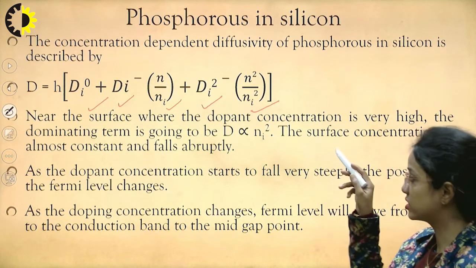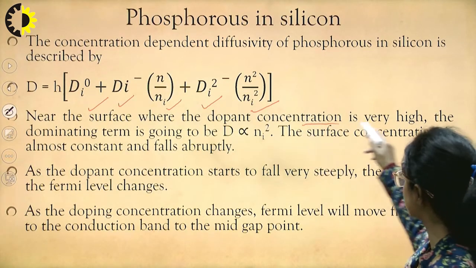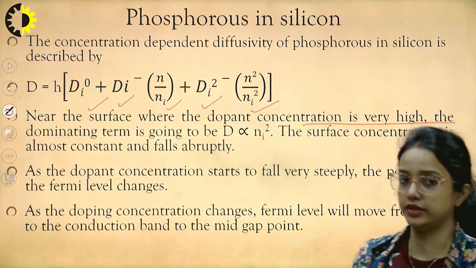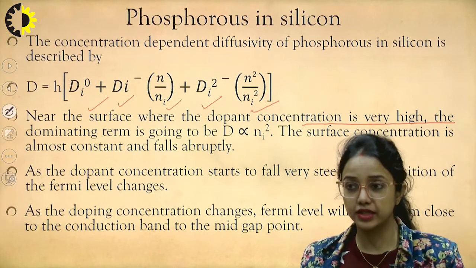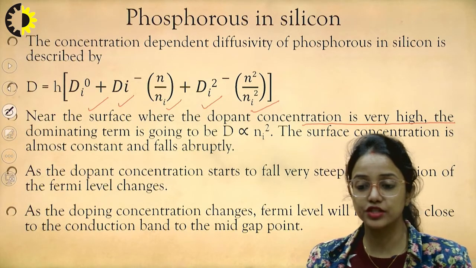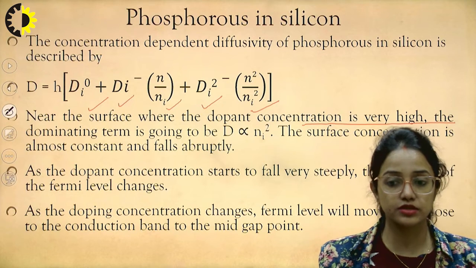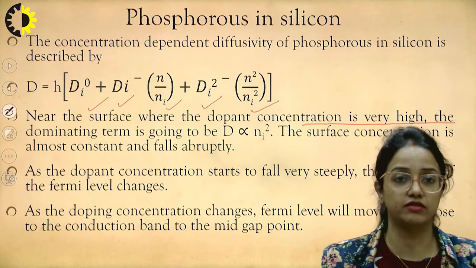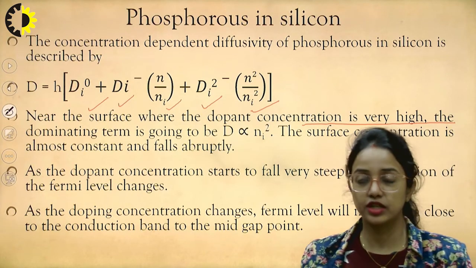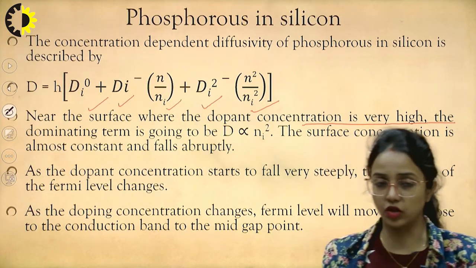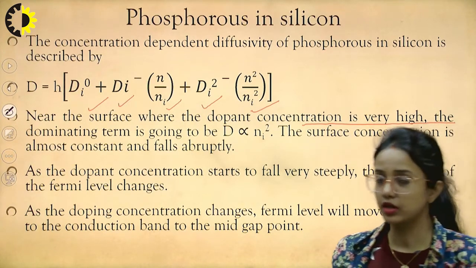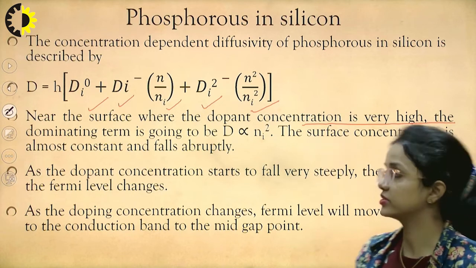Near the surface, where the dopant concentration is very high, the impurity enters from the surface only, so the concentration is highest at the surface.